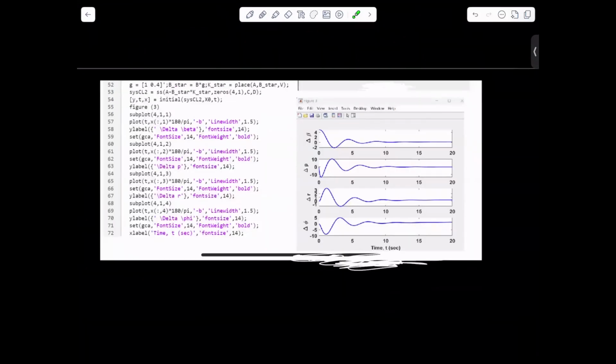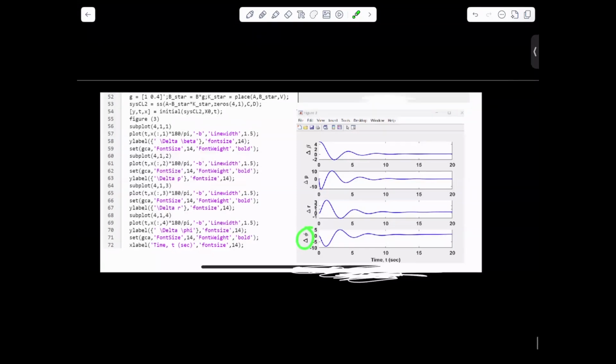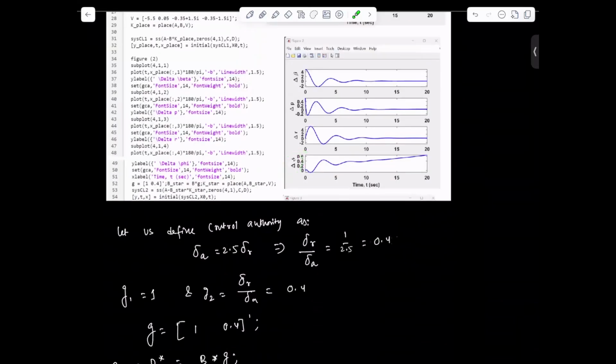In this example, we studied how we can study the open loop system. And also, to mitigate the oscillation in the response, we came up with the state feedback control. And also, we found that one of the states was not going to 0. The magnitude of the state is increasing over time.